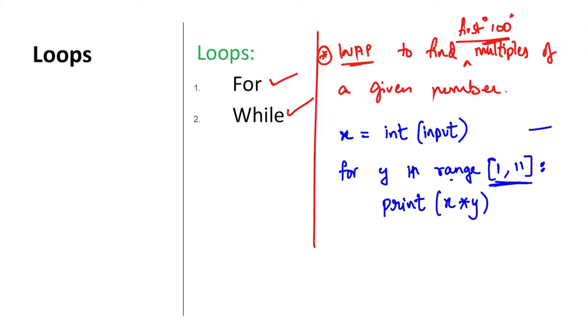Now we will get all the multiples, and I have said print x into y. This will give me x into 1, x into 2, and so on. These three lines are enough to get multiples of any number. If you want this till 100, we just need to substitute the number here.